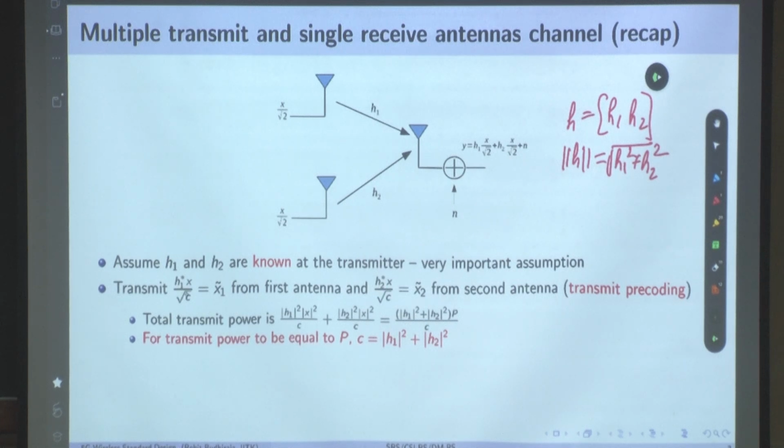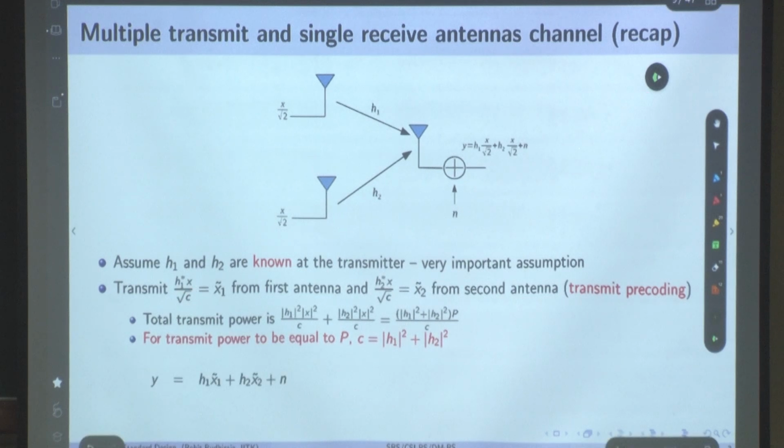What is this root C? Root C is basically the norm of H, okay, right. So, what is being transmitted from the first antenna is H1 star by norm of H, and similarly what is being transmitted from the second antenna is H2 star by norm of H, right. This is the signal being transmitted from the two transmit antennas.